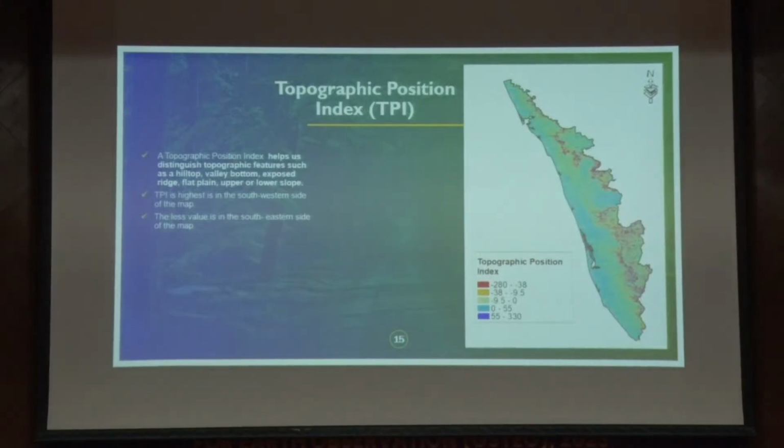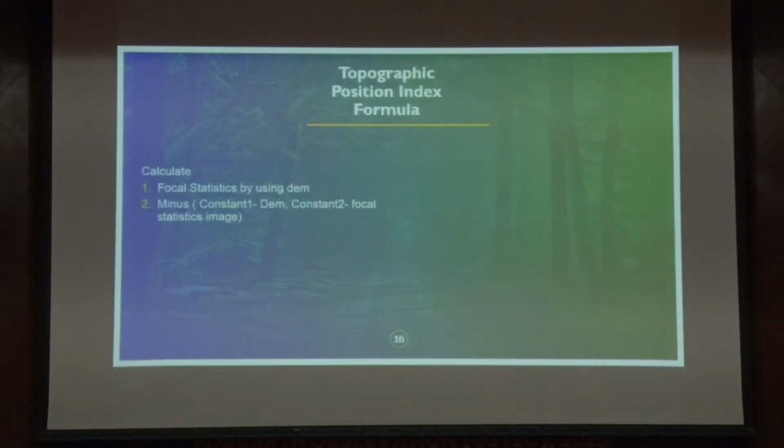This is the topographic position index. This index helps us distinguish topographic features such as a hilltop, valley bottom, exposed ridge, flat plain, and upper or lower slope. This is the formula.